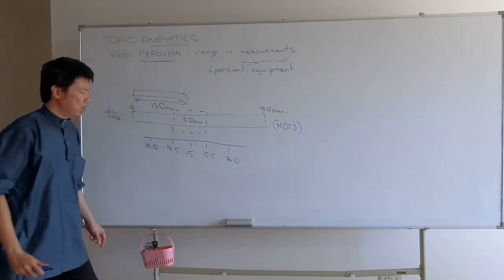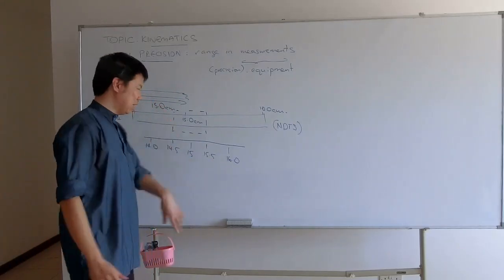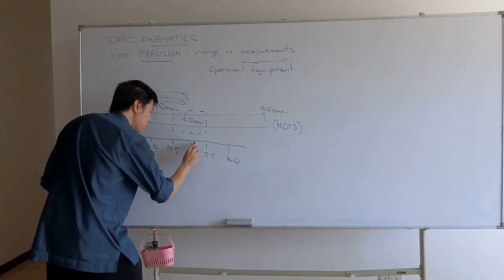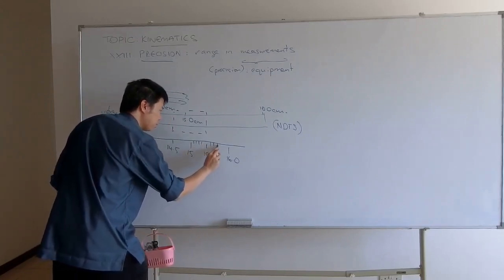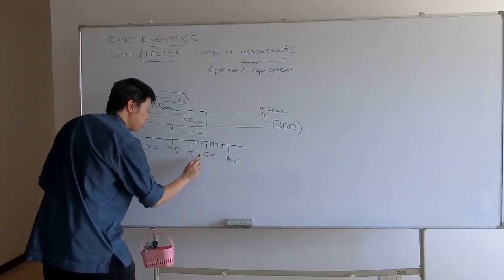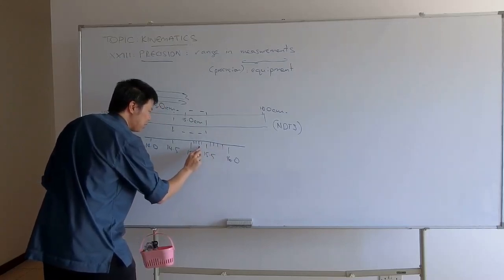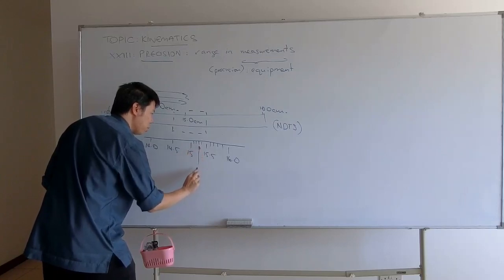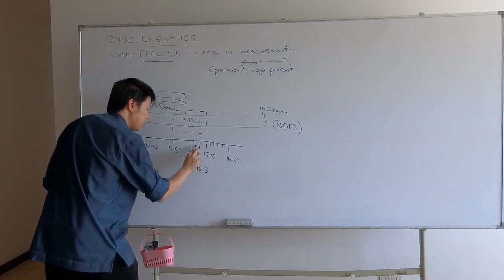But is this what you see in your meter rule again? Not really. Why? You see much smaller intervals. For example, in this case, this will be 15.3, this will be 15.2.